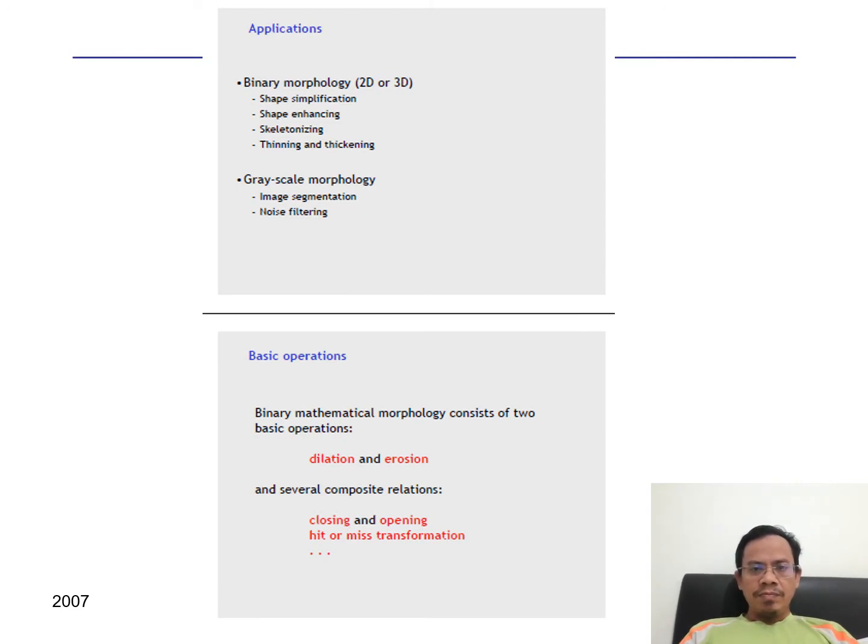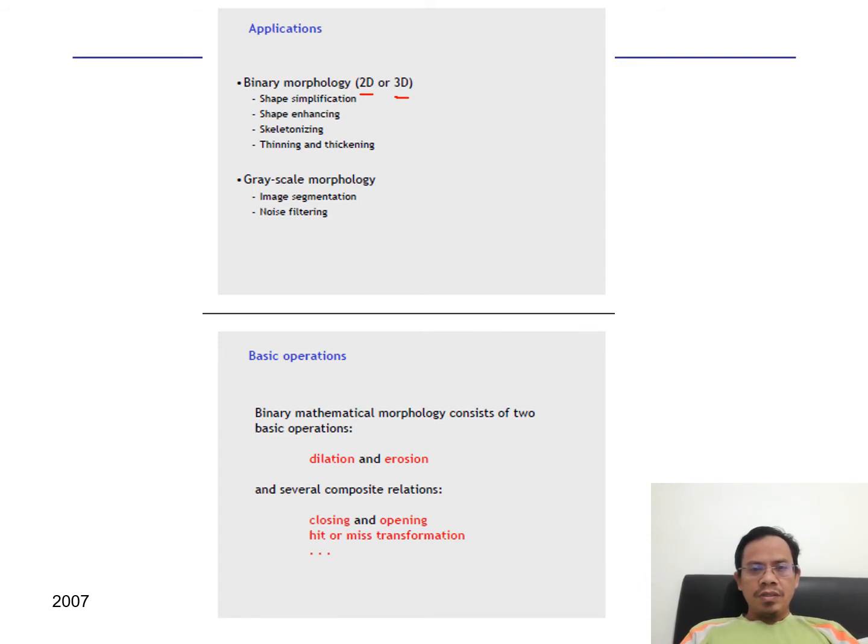So this is the application of morphology, 2D or 3D. 2D means two-dimensional grayscale, or we can also perform binary morphology in 3D or an RGB image.